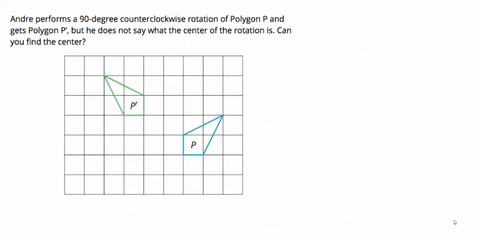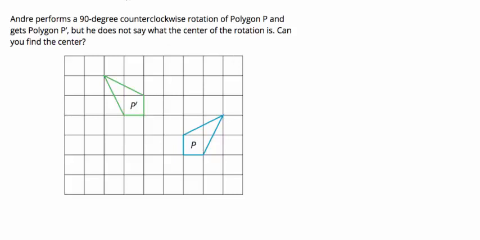Okay, so to find the center of rotation between any two figures, it doesn't matter if the center of rotation is on the image, or if it is somewhere in the coordinate plane, we can use this method.